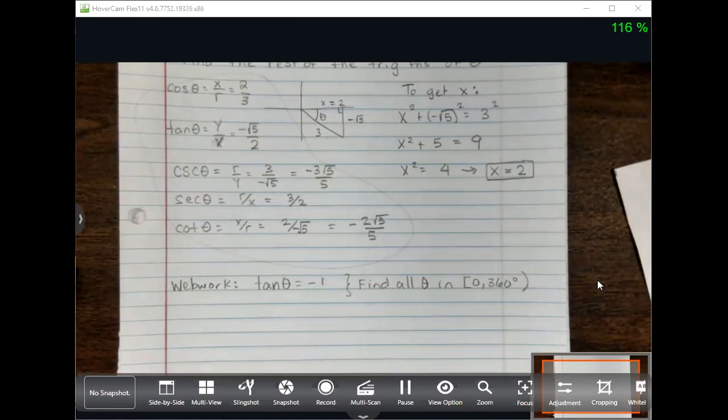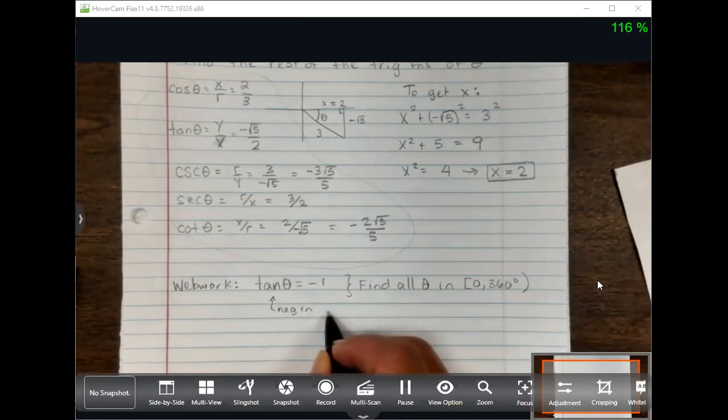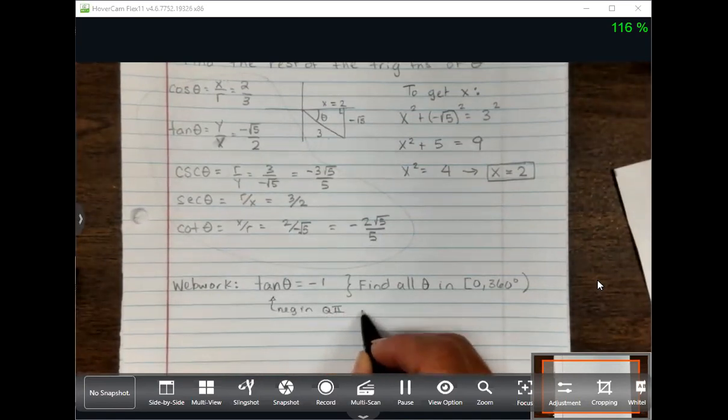Quadrants 2 and 4 make tangent negative. So we're going to find the reference angle at which the tangent is a positive 1, and then we're going to use subtracting from 180 or 360 to get the angles in quadrant 2 and 4. So we use the fact that tangent is negative in quadrant 2 and quadrant 4.